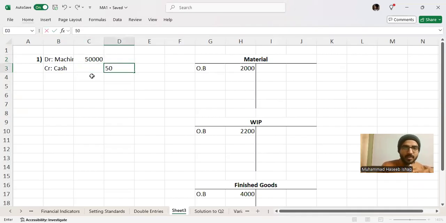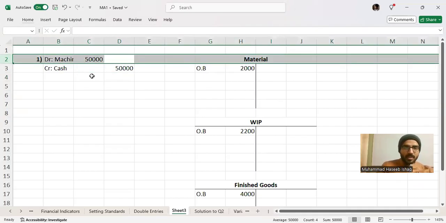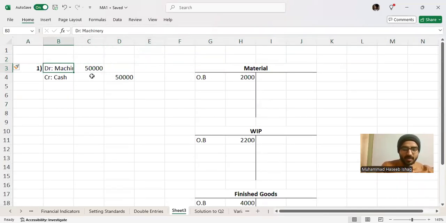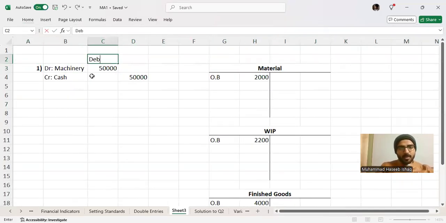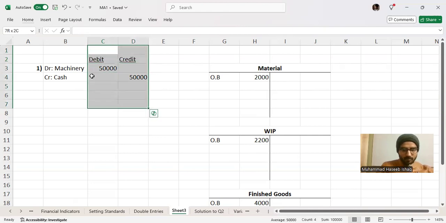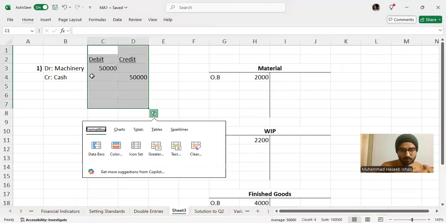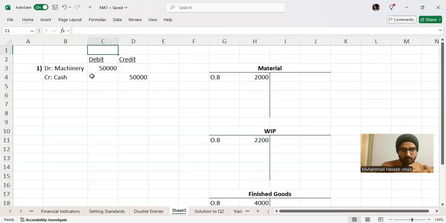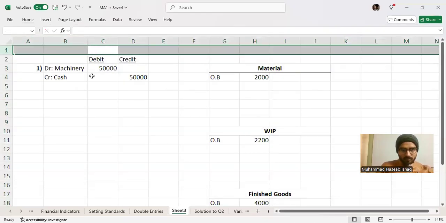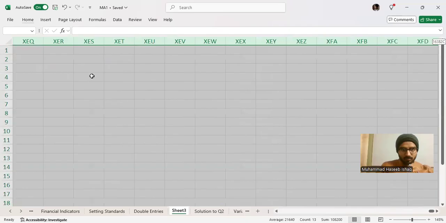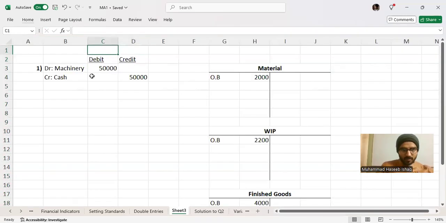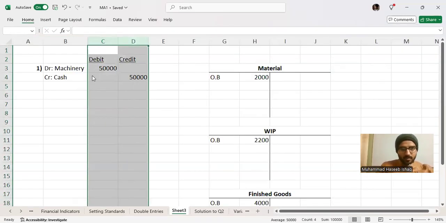50,000 and 50,000. We can name this column as debit and this column as credit. Let me just edit it a bit.